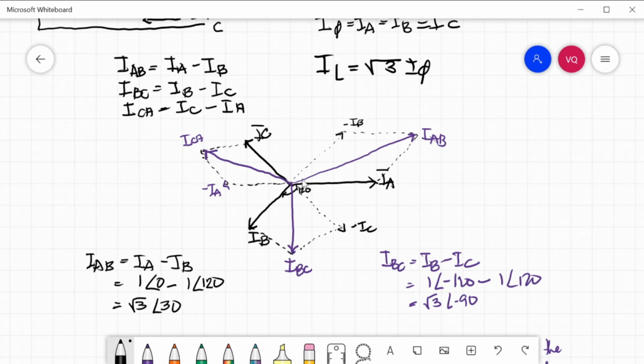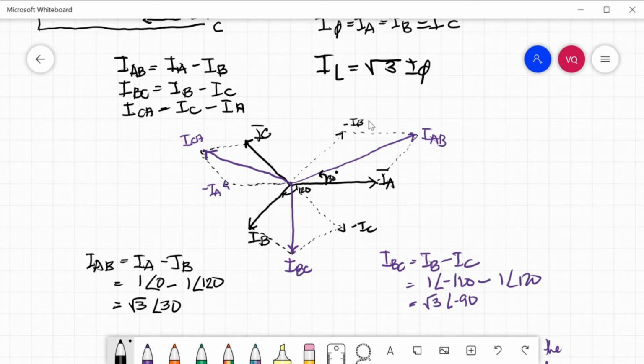So the negation of IB is here. IA minus IB, that is 1 angle 0 minus 1 angle negative 120, is equal to square root of 3 angle 30. So here is the resultant IAB. Now this is your 30 degrees. It is between our phase current and line current.